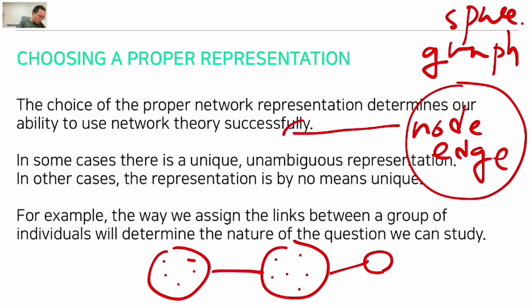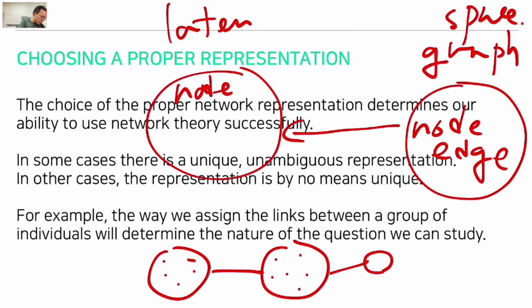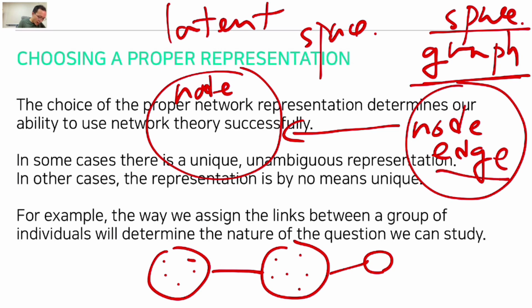And by having the deep learning technique, we can learn another relationship between the nodes in the latent space, right? In the physical space, in other words, graph space, the edges come from pure observation, right?